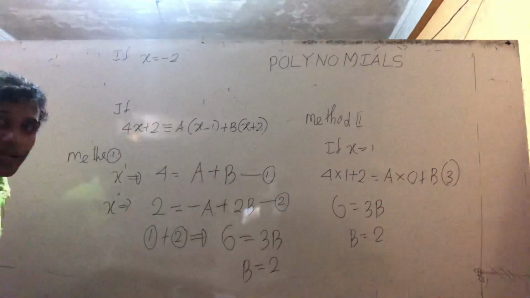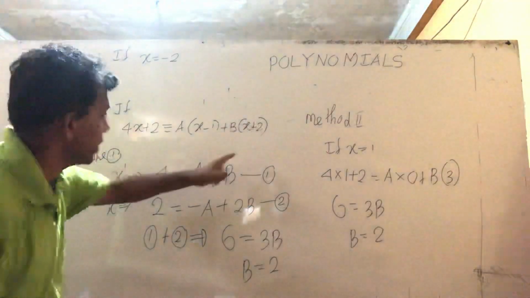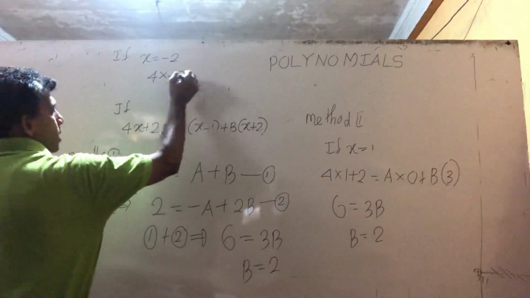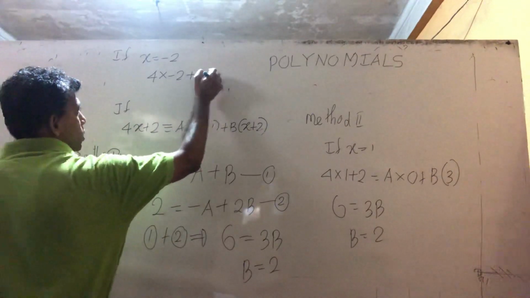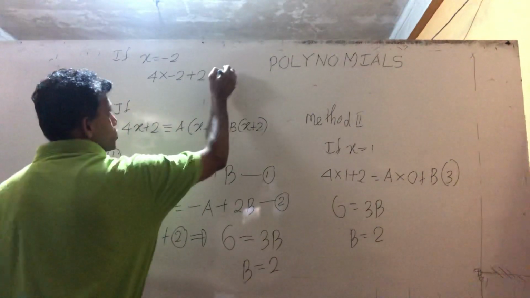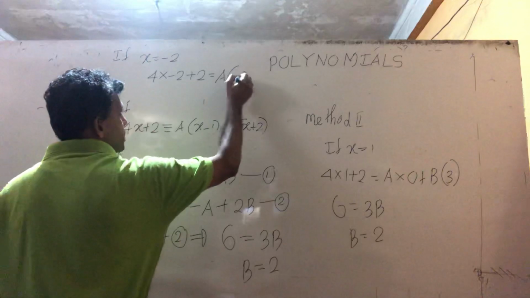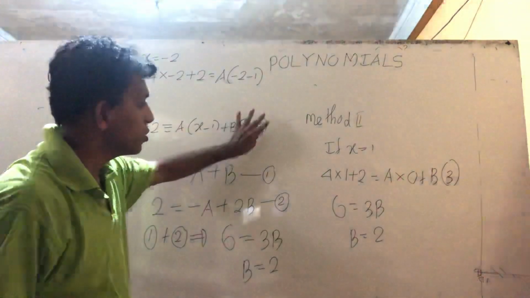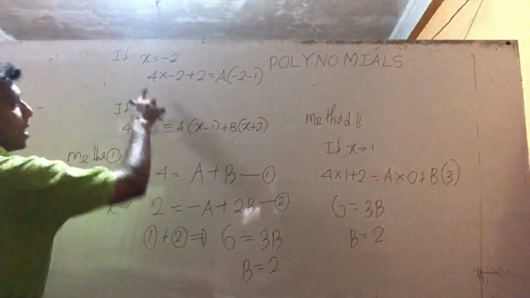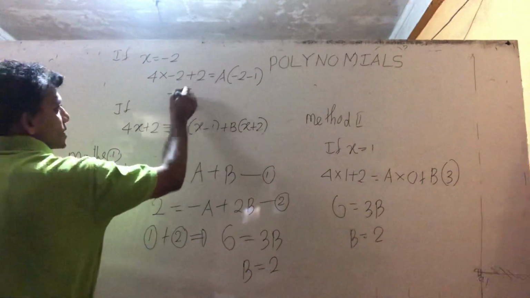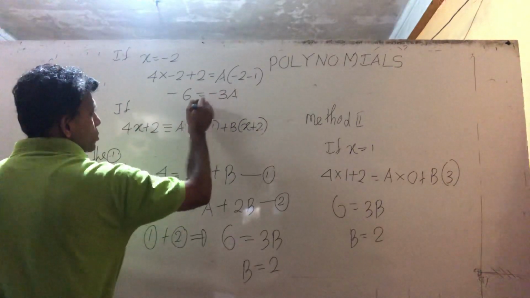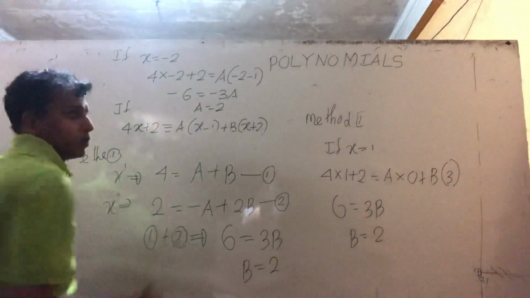So 4 into minus 2 plus 2 equal a into (minus 2 minus 1). This part becomes 0. So minus 8 plus 2 is minus 6, equal to minus 3a. So a equals 2.